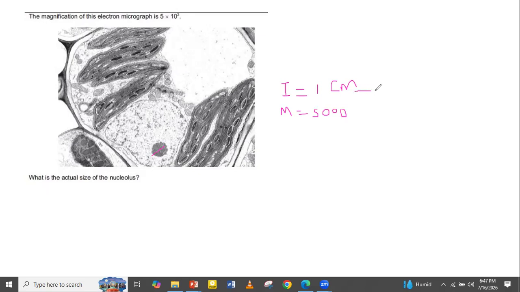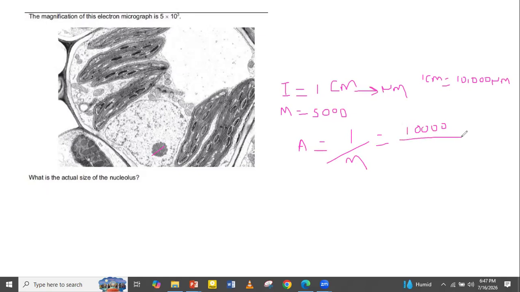Change centimeters to micrometers. Remember, I told you the most appropriate unit to use are micrometers. So change this to micrometers. And we already saw that 1 centimeter is equivalent to 10,000 micrometers. So they're asking for actual size. I know that actual size is equivalent to I over M. I have my image, which is 10,000.